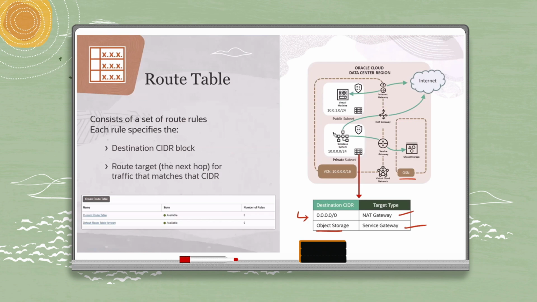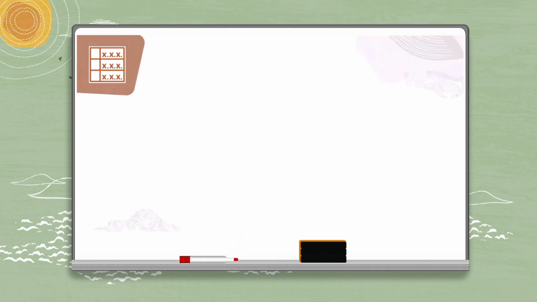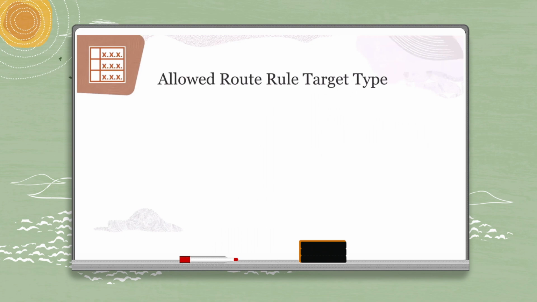Now, in case traffic from here originates and wants to go to object storage, that can also fall here. But this is most specific, and hence it will go via the service gateway. Now, during the discussion in whiteboarding, I mentioned that I am going to show you the list of all the target types that are supported in the route rule.